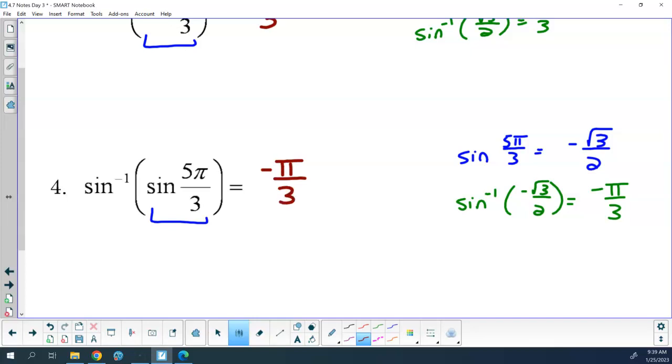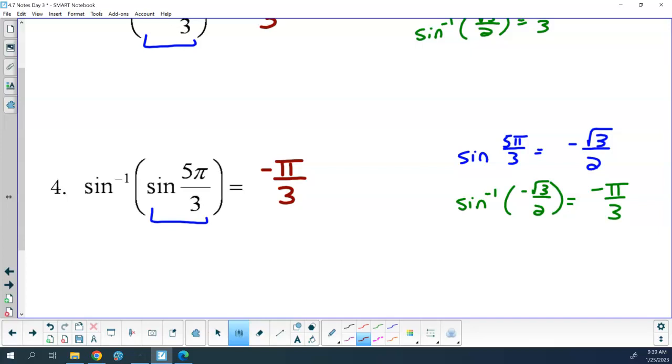Inverse sine won't give us an angle bigger than 180. Inverse sine only gives us acute angles on that side, so that's why we have to adjust it.